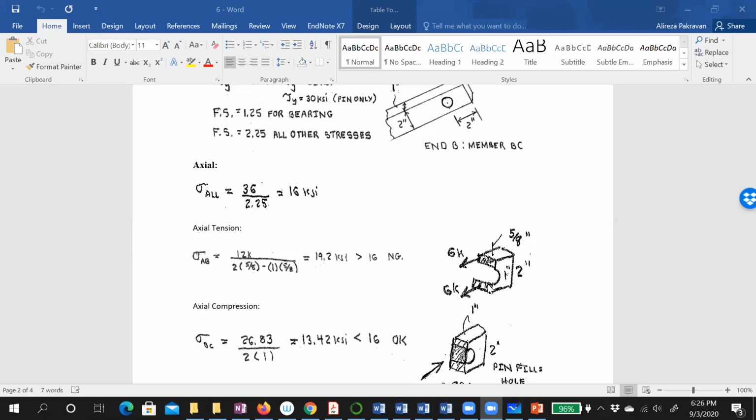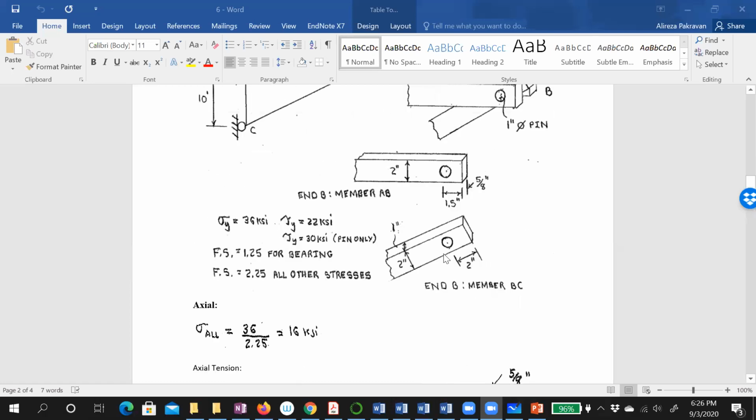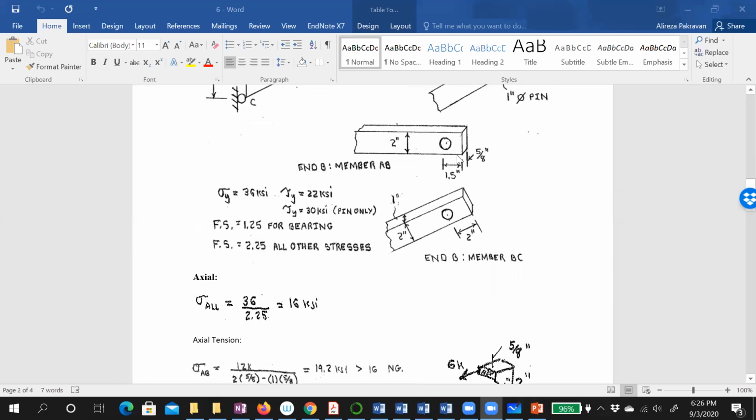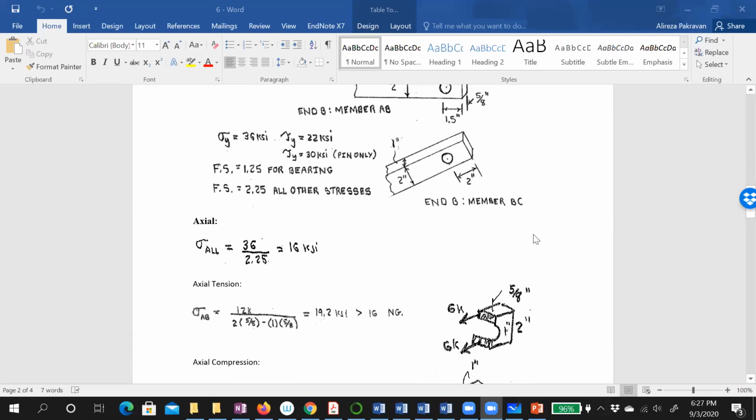Right, but there's another dimension on there, 1.5, from the center of the hole to the edge of the wood. This one? Yeah. It has no effect on the cross-sectional area, right? Yeah, this doesn't affect it. It could affect the shear maybe. Oh, okay. Yeah, I was talking about using the wrong normal stress then. Yeah, because it's perpendicular to this one, right? Does it make sense? Yeah. Okay.